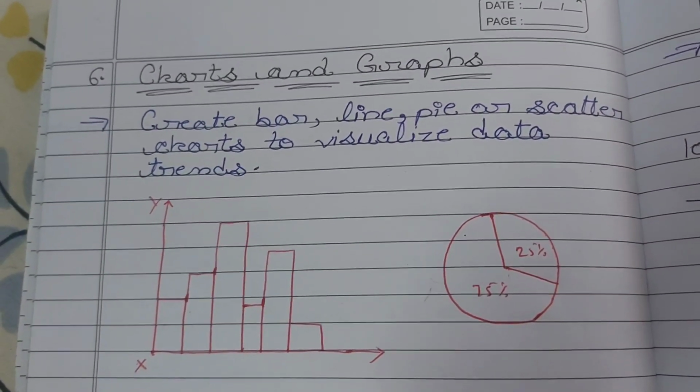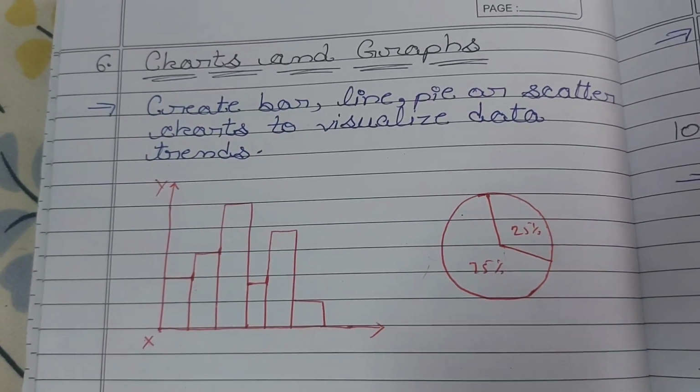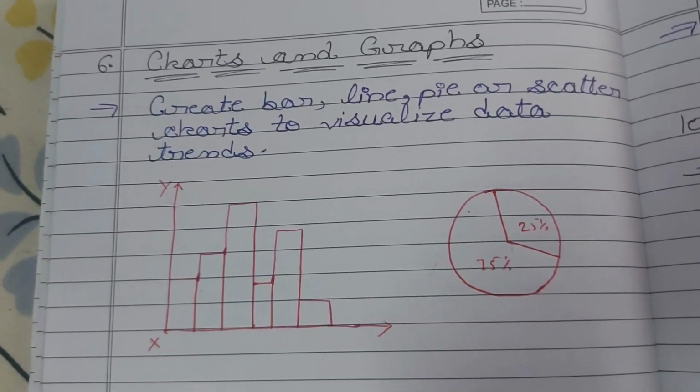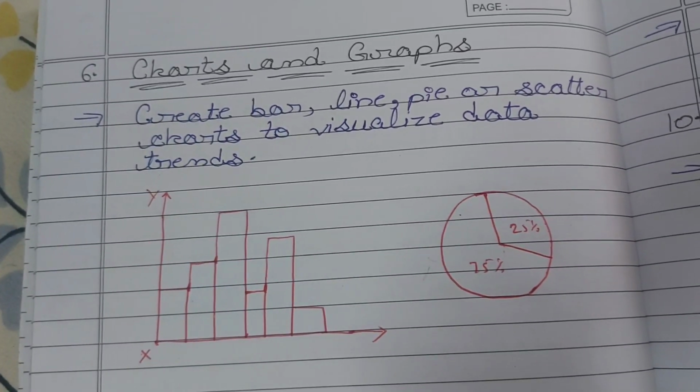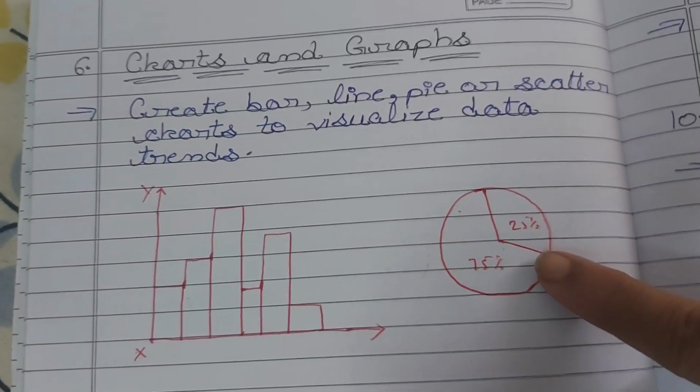Charts and graphs, create bar, line, pie or scatter charts to visualize data trends. There is a diagram of a bar graph and the second one is a pie chart.